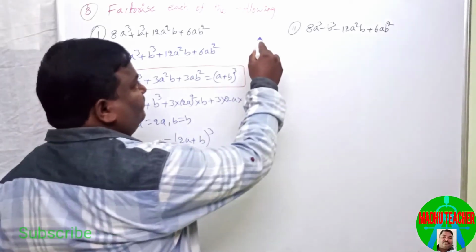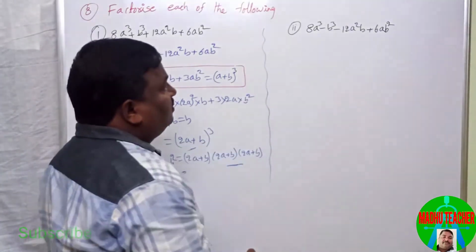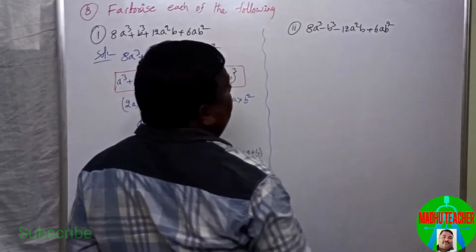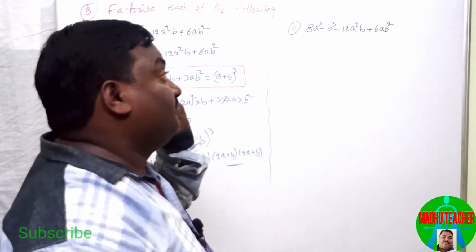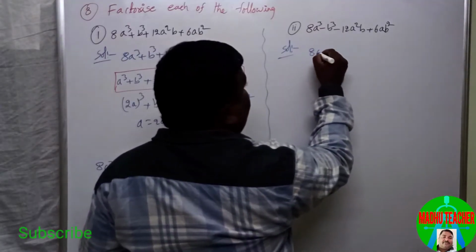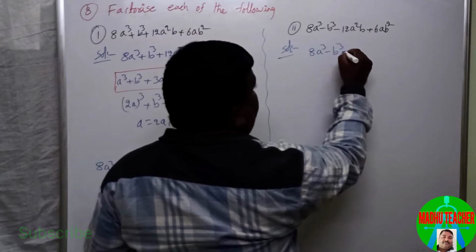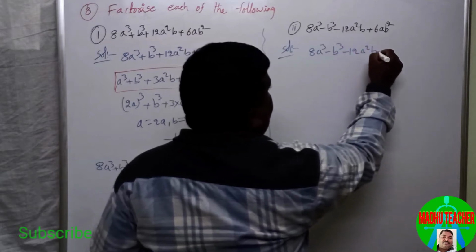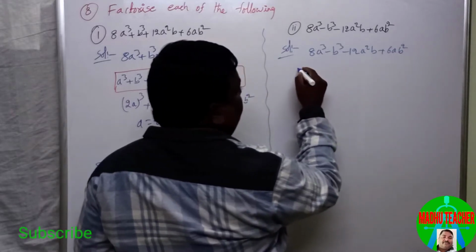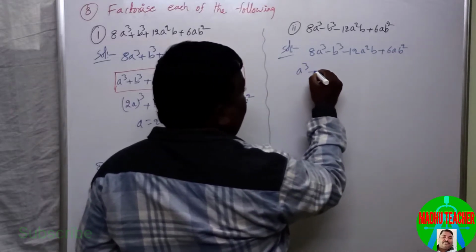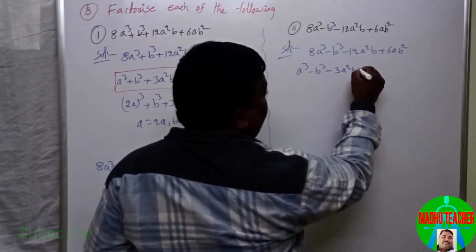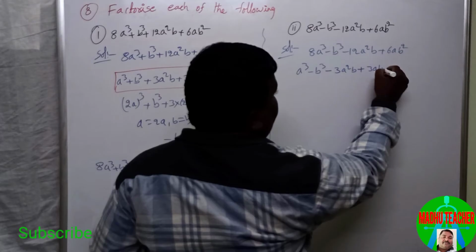Next, second one, 8a cube minus b cube minus 12a square b plus 6ab square. What is given? 8a cube minus b cube minus 12a square b plus 6ab square. By observing this, it is in the form of a cube minus b cube minus 3a square b plus 3ab square.